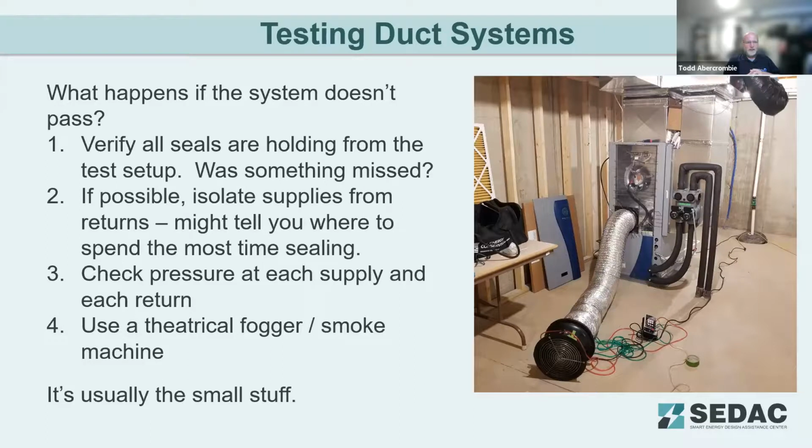And then the other option you could do is use a theatrical fogger or smoke machine to basically smoke the system. So you have to pressurize the system, blow smoke into it, and then walk around and look for smoke coming out of the different seams in the ductwork.